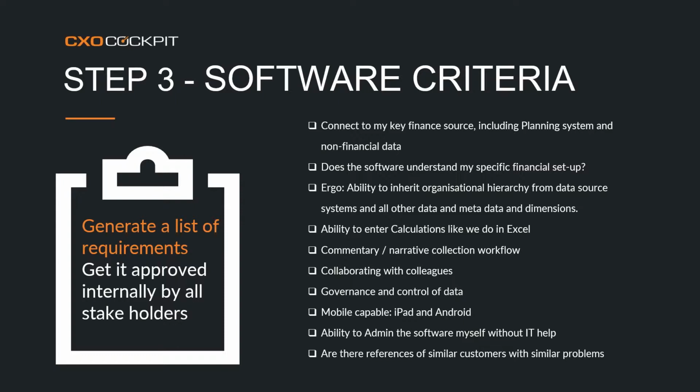So again, that needs to be key. And of course, from a finance perspective, I think probably the most important one is being owned and managed by finance folk and not necessarily by IT. So then simplicity of administrating the software, for me, I think is the number one aspect of this particular list.